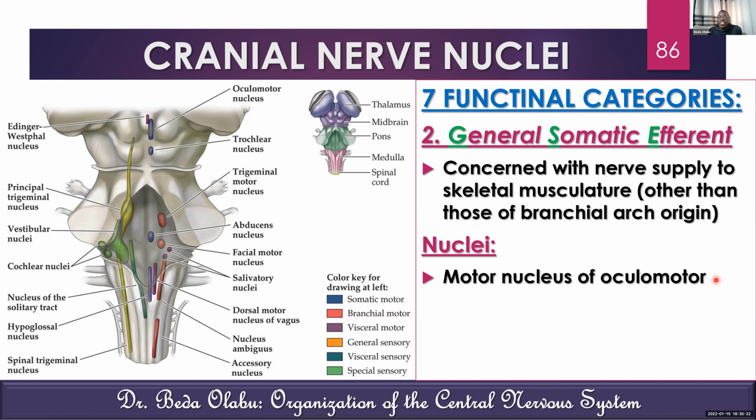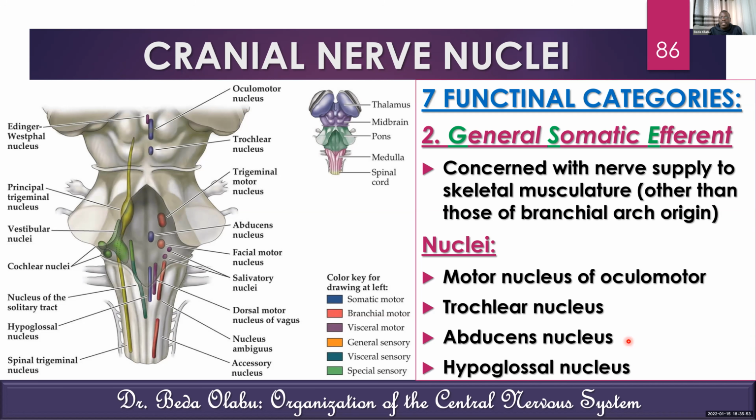The motor nucleus of oculomotor, located within the midbrain, the nerve fibers from there go to extraocular muscles. The trochlear nucleus, again within midbrain, the fibers from there go to superior oblique. The abducens nucleus within pons, the fibers from there go to lateral rectus.